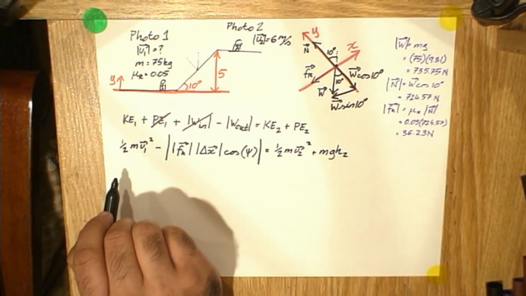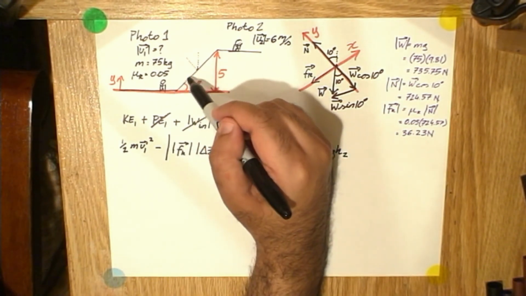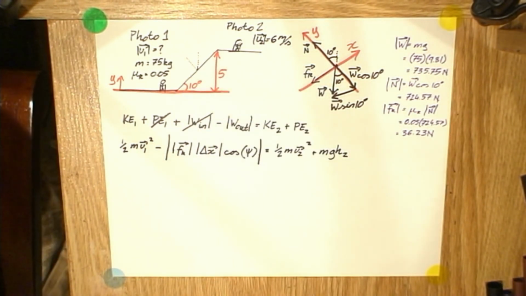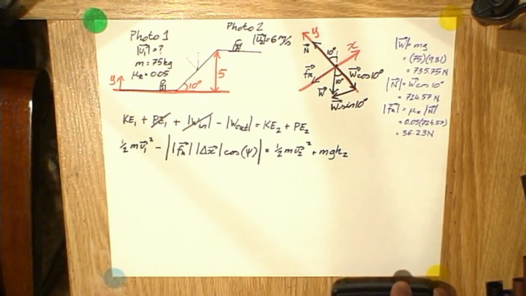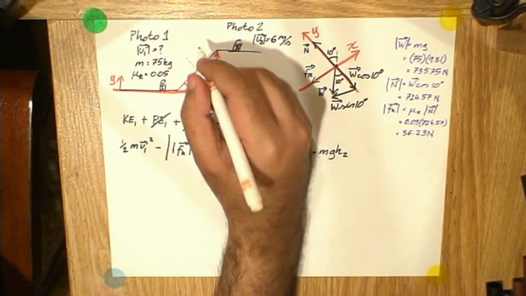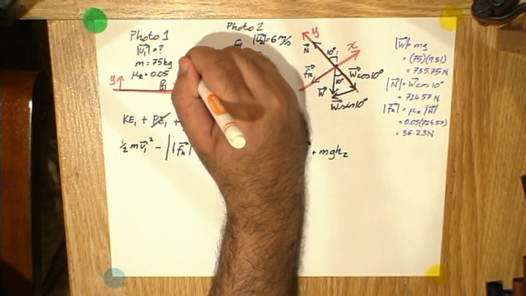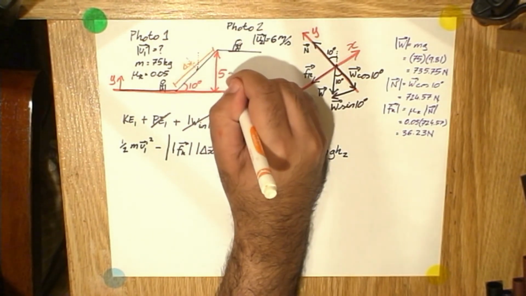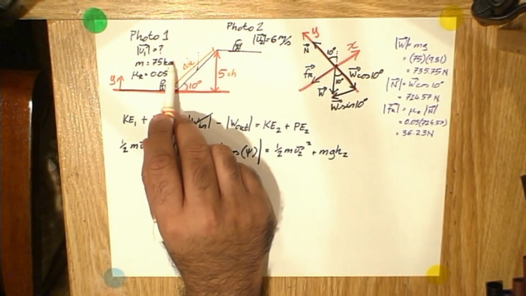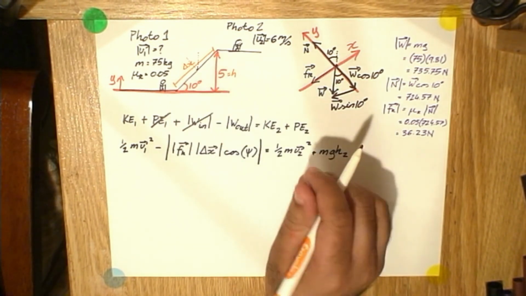Now, let us solve for how long this slope is. The way that we do that is we know that this length over here is delta x, and we know that this side over here is the height. So if I were to take height and divide it by delta x, that would be the opposite of this 10-degree angle divided by the hypotenuse of this triangle.